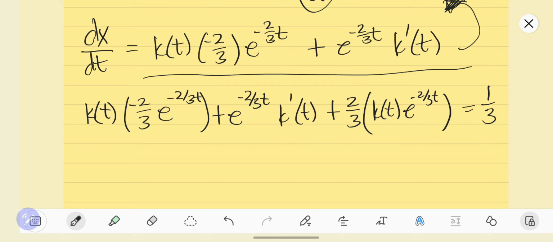But as you can see, you have this 2/3 times k of t e to the negative 2/3 t.